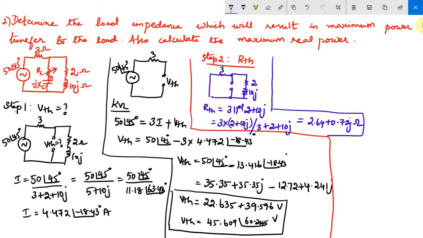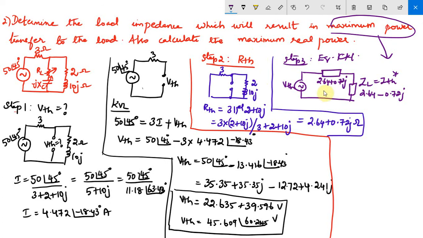Next we are going to do step 3, which is drawing the equivalent circuit and finding out the IL. In the equivalent circuit, VTH is in series with the Thevenin's impedance, which is in series with the load impedance. We know that the Thevenin's impedance is 2.64 plus 0.72J. Then what is the load impedance?